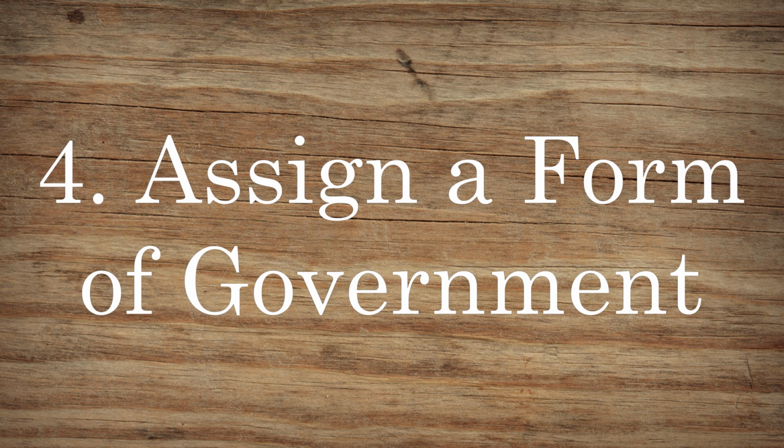Number 4, it's at this point that I will try to assign a form of government to this collection of people, this group. And again, I will look back at how I think that group functions within the world and how wealthy or poor they are to help decide what that form of government would be.